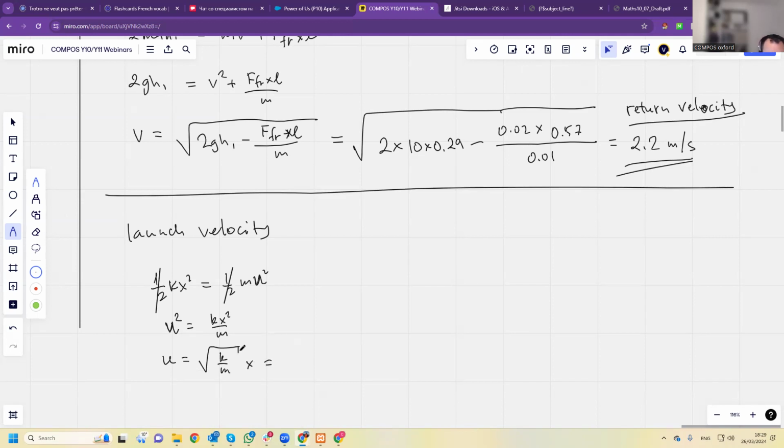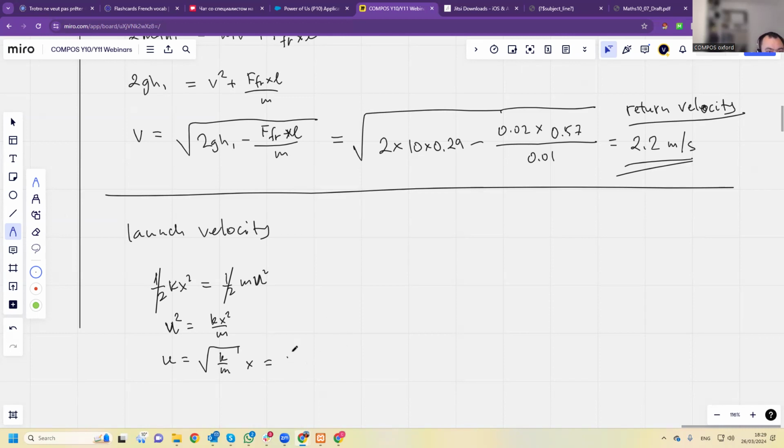Ooh, interesting. The value says 200 divided by m, which is 0.01, times x 0.02.